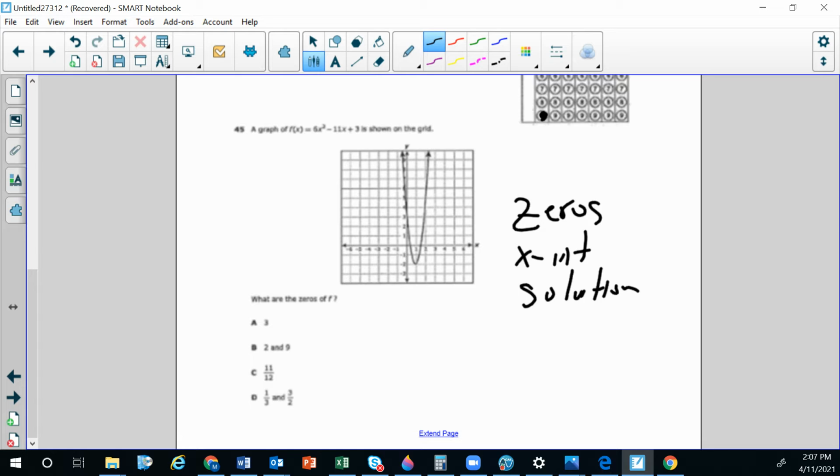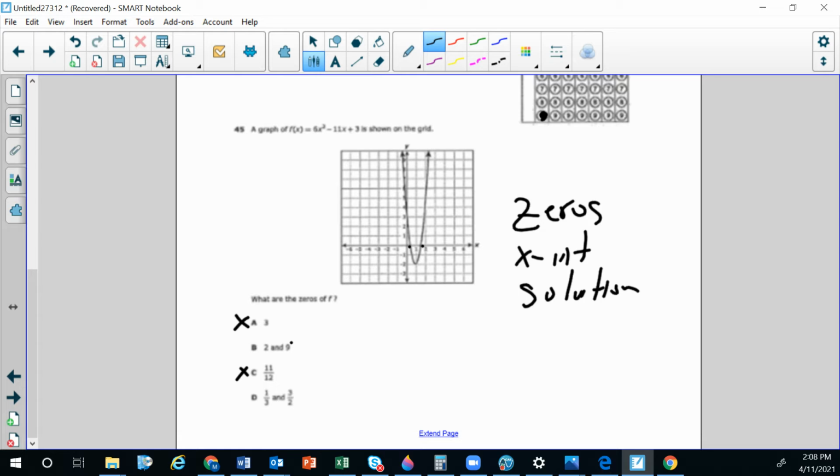So in this case, let's see what our zeros are. Now, if you notice, the graph crosses the x-axis between the integers. So we know there are two solutions, two zeros, right? Because the graph crosses the x-axis here and here. So there are two. So A is not an option, and C is not an option. Let's look at B. One of the zeros is 9.